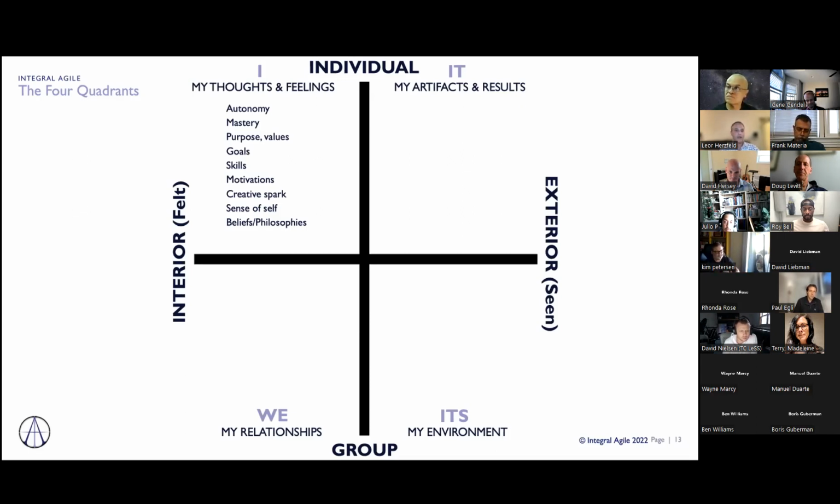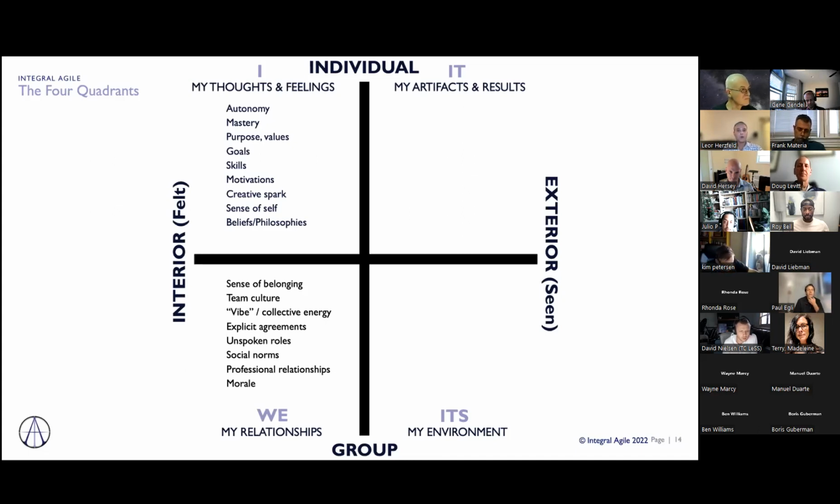On the lower left, we have relationships. Together, we're all having different experiences on the upper left, but we're having a collective experience, and that experience is not as powerful as it would be in person, but we are now existing in a relationship. Some of the people on this call know each other, so there's a greater bond between some of those folks, and some of them are brand new, and so that relationship is not a very strong bond.